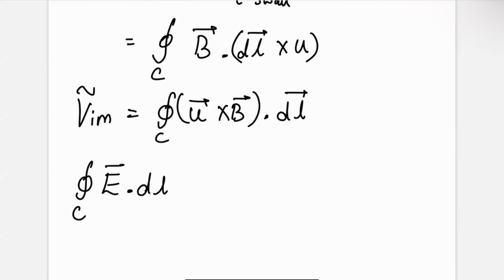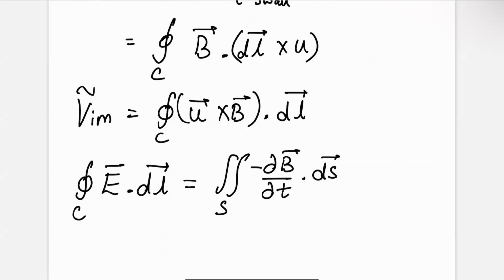So the integral of E dot dl is equal to the surface integral of dB over dt dot dS plus the integral over the contour of u cross B dotted with dl.